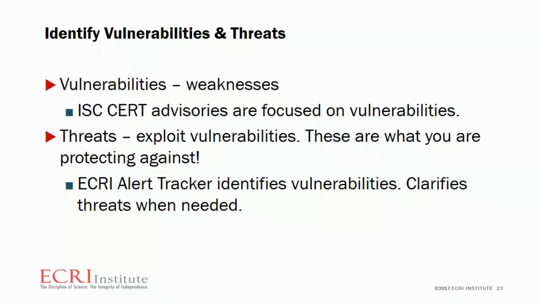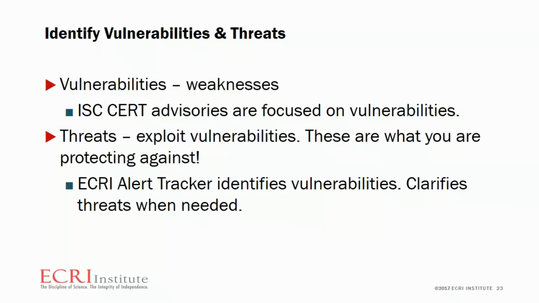So once you have an inventory, you need to identify the vulnerabilities and the threats. Now there's a key difference between vulnerabilities and threats. Vulnerabilities are the weaknesses within the device, and the threats are what can exploit those and do something adverse to the device using this weakness.